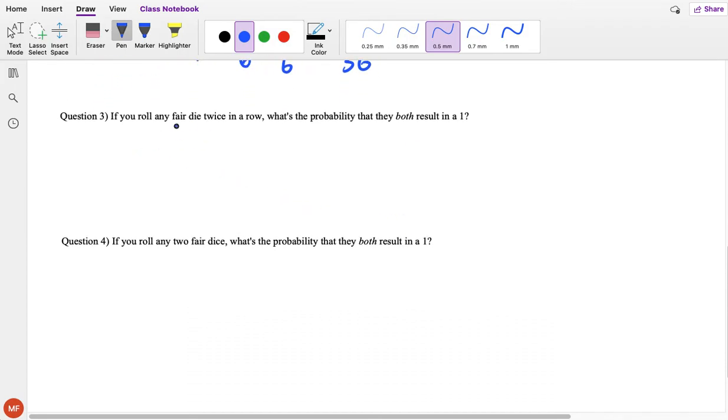So let's extend this. What if you took any fair die and rolled that twice in a row? Well, let's say we roll a d(n), where n is just the number of sides. So, for example, a d10 would be a die with 10 sides, and we are assuming they're fair.